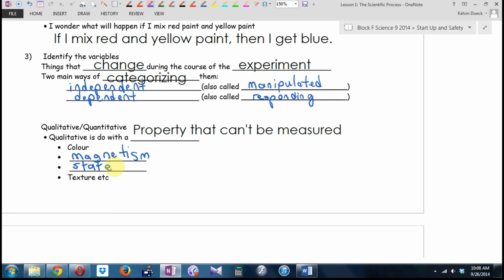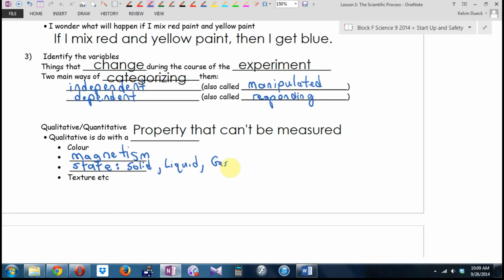Solid, liquid, gas, but you don't rate it with a number. It either is solid or liquid or gas, but you don't measure with a ruler or a number, like 73 solid. Texture. So these are things that we observe, smell, shape, but we can't really quantify them.